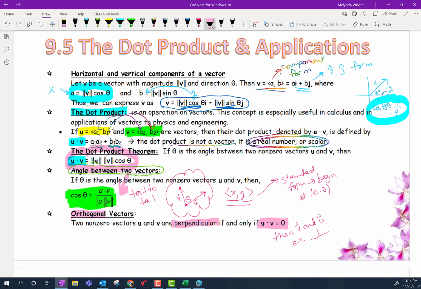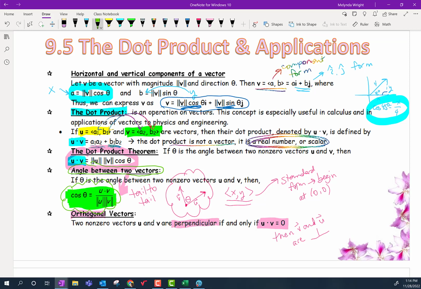We really don't ever use the formula written out like that, like the dot product theorem is telling us, u dot v equals magnitude of u times magnitude of v times cosine of theta. We normally use it to find the angle between, which is the one that I've highlighted in green. But I just want you to notice they're the same formula. They're just solved for different variables. Okay, but we are going to utilize this one down here. The cosine one is the way we're going to use the dot product theorem.